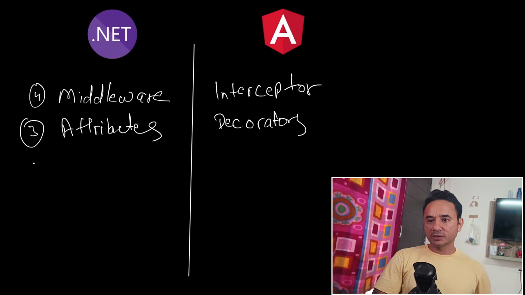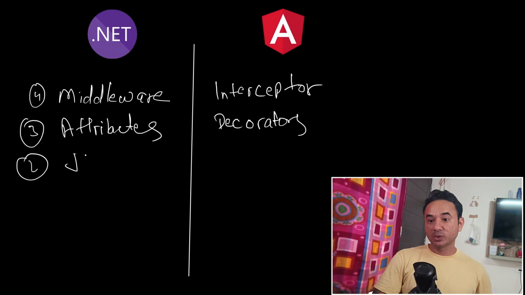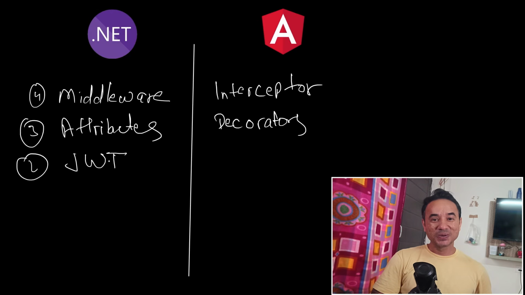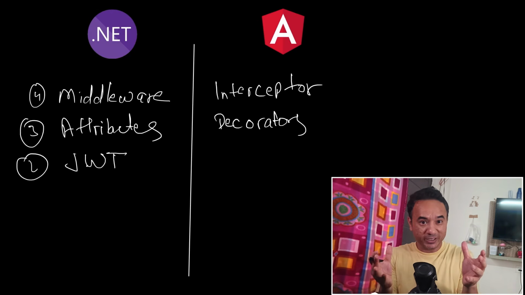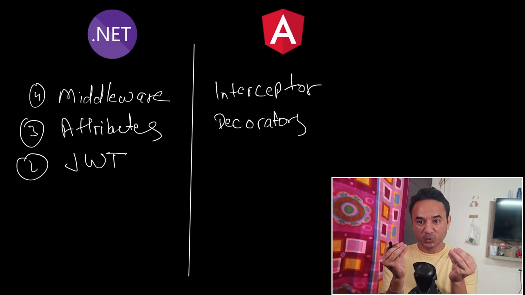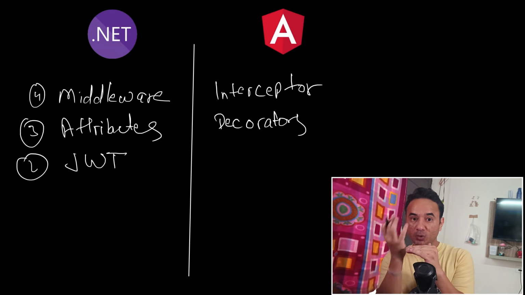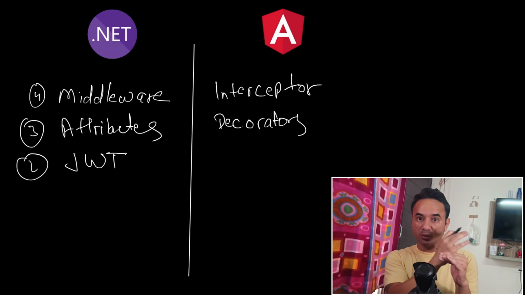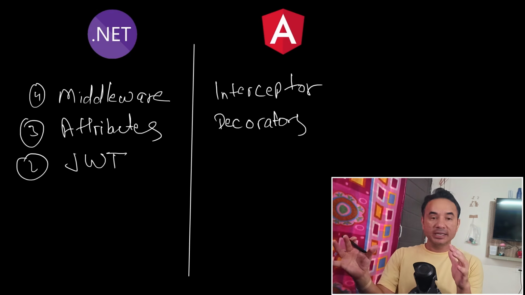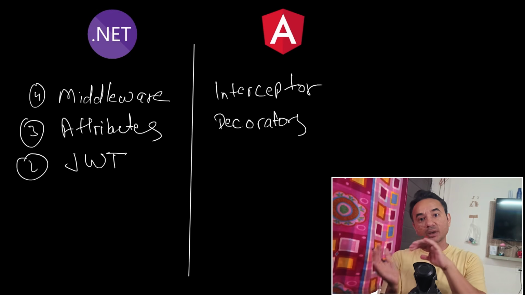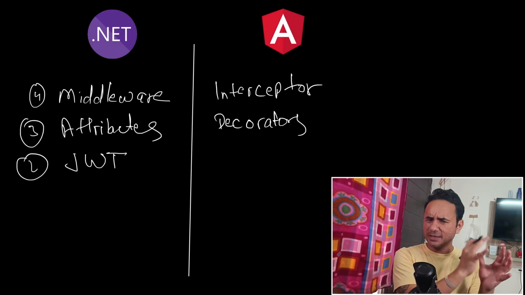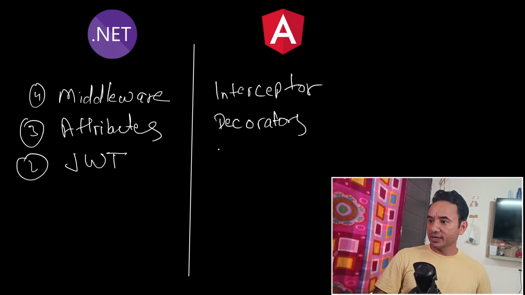Next concept is the same, which is JWT authentication. As you know, in .NET we use JWT authentication to secure the APIs. The user logs in, a token is generated, and the token is sent from the API. In Angular, the token sent by the API is received by Angular. So here also we handle the token.